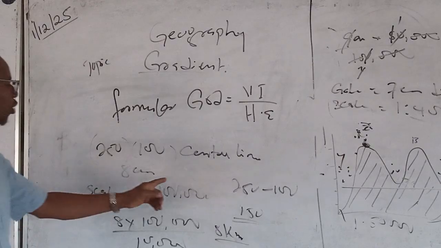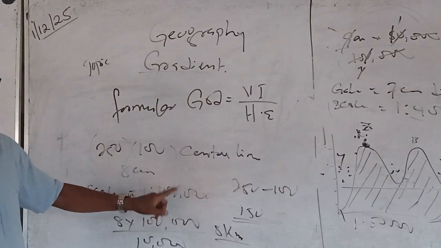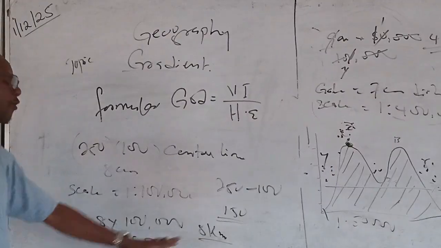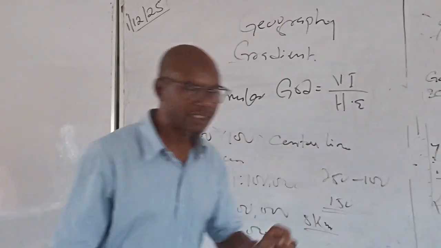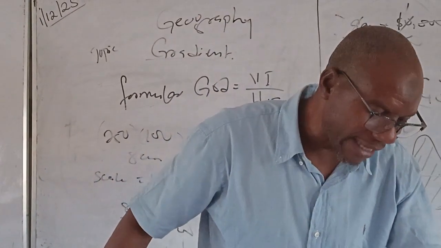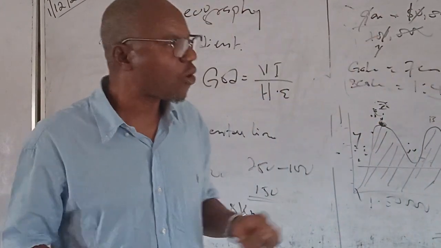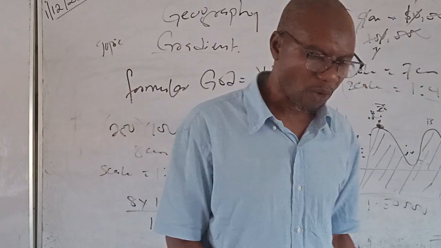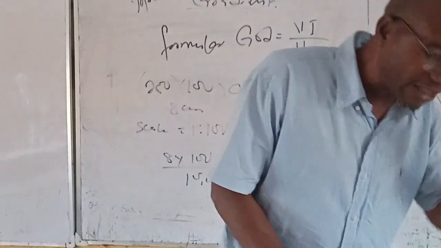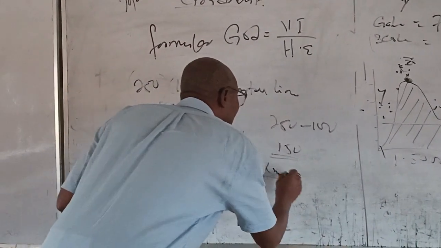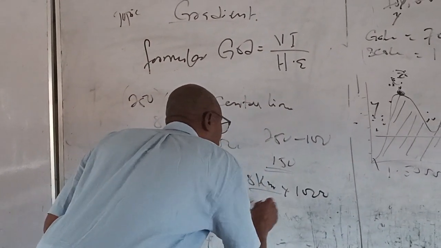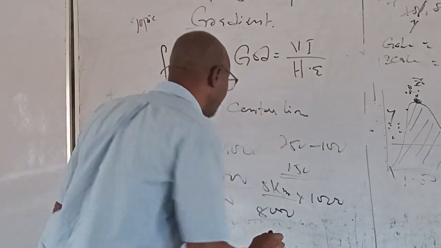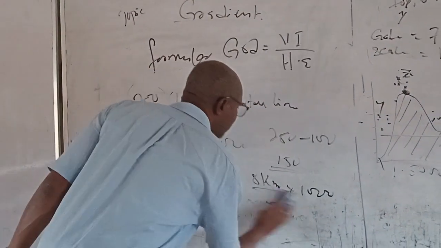Because they give the scale of the map as 100,000, but actually the scale on the ground is also 100,000. When you cancel it, we arrive at 8 kilometers. So your answer is 8 kilometers. Convert the 8 kilometers to meters, by 100,000, so you have 8,000 meters, divided by 8, 150.